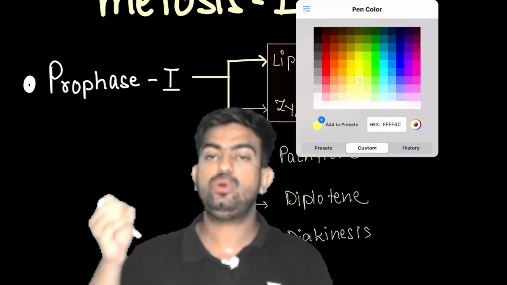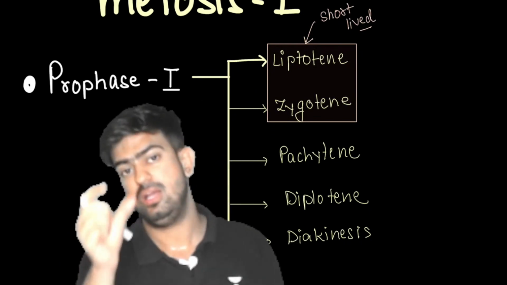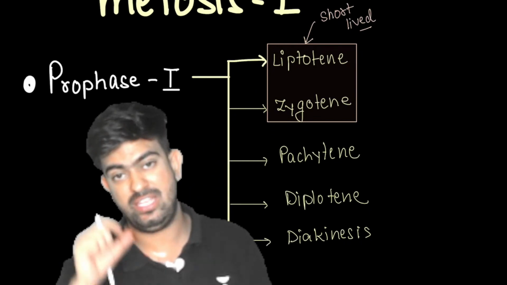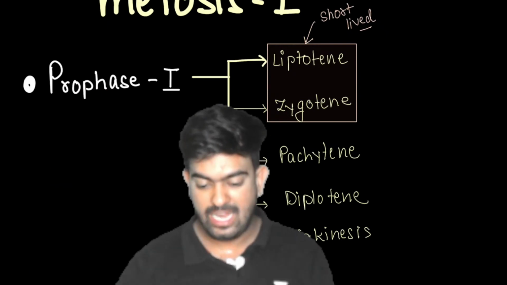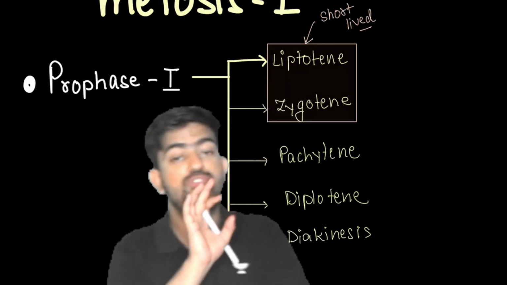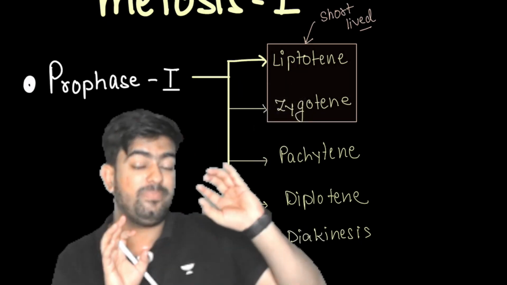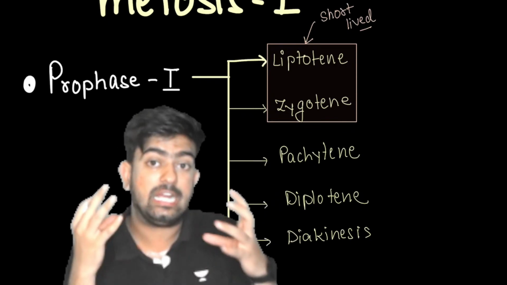So in leptotene, chromosomes get visible. Remember, it's a stage of prophase. So in prophase of mitosis, what happened? It was the phase where the chromosomes were getting condensed.